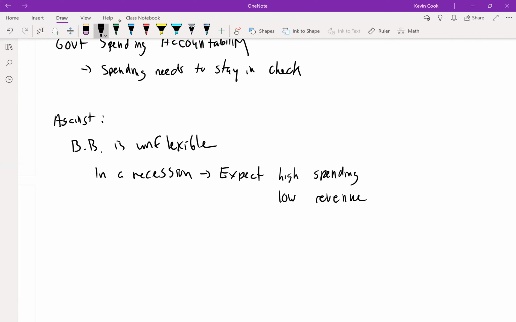The other way we can think of this is we'll expect a relatively higher deficit or lower surpluses. When people aren't working, I don't collect as much in taxes, or maybe I need to spend more for discretionary policy.